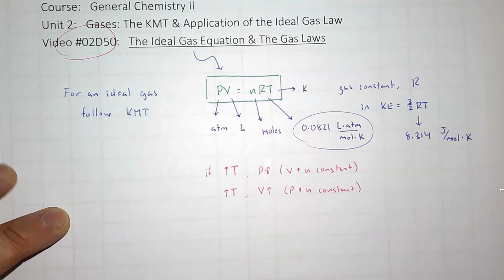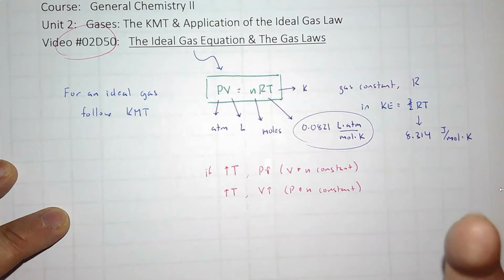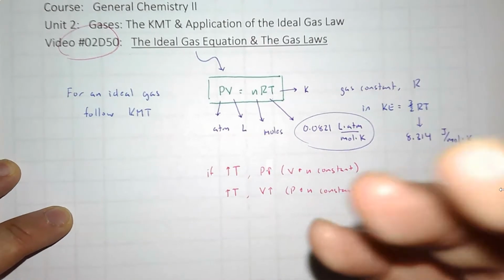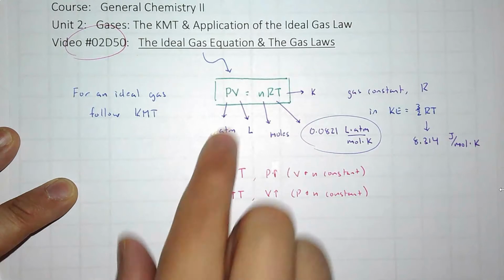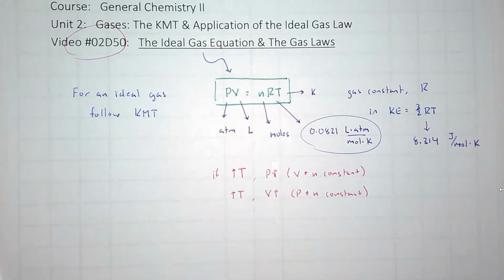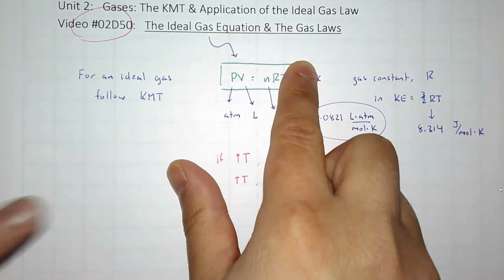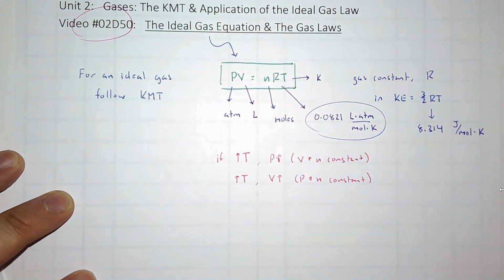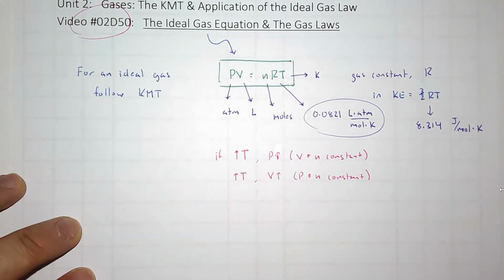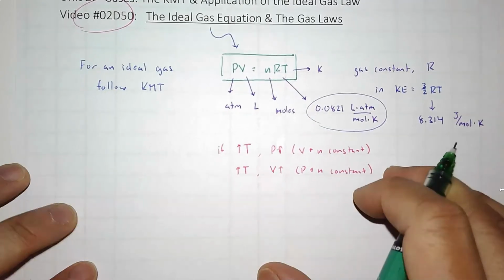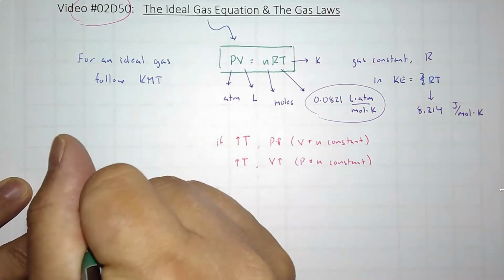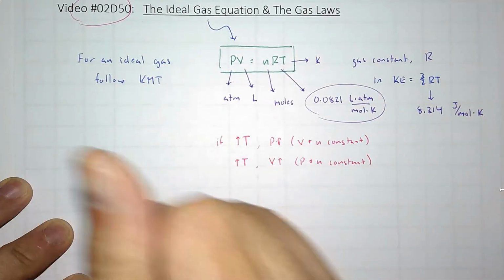So, in real life, the gas laws were first developed, which derived this ideal gas equation. So what were these gas laws? I have trouble memorizing the names, but most professors want you to know the names of these different gas laws. I'll go over 3 in this video.